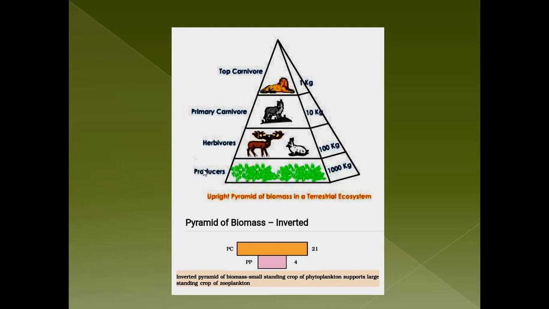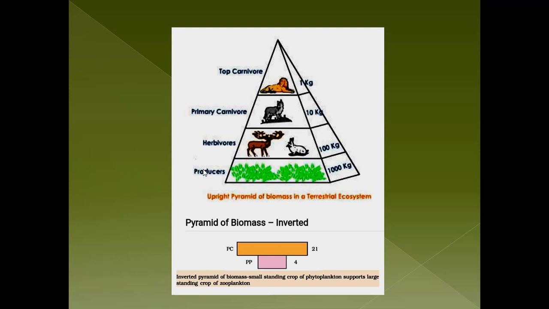And the next trophic level is the primary carnivore or secondary consumer. Let's take wolf or fox as the primary carnivore or the secondary consumer, and the total biomass there is 10 kilograms.